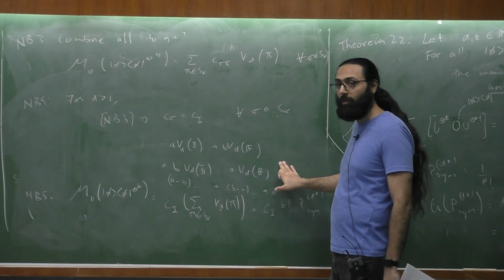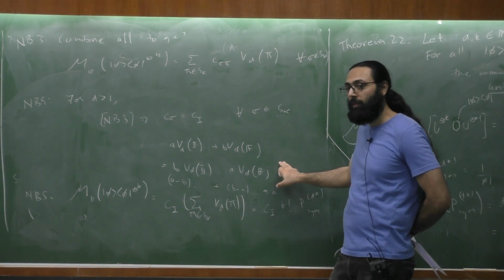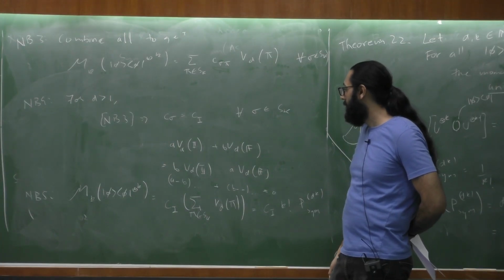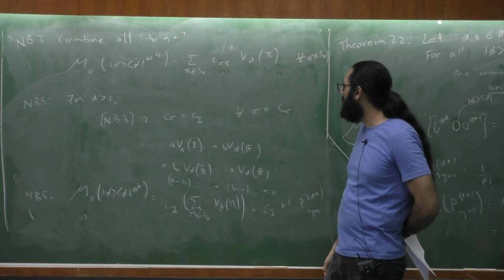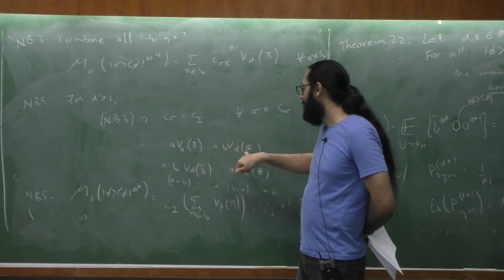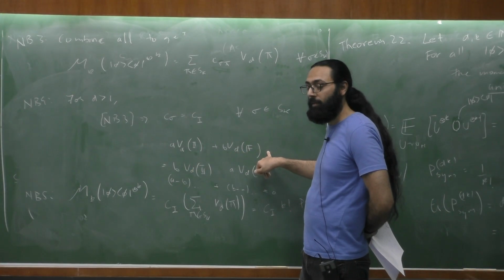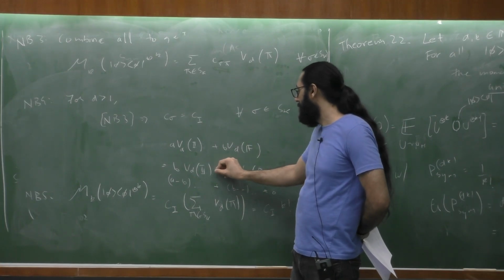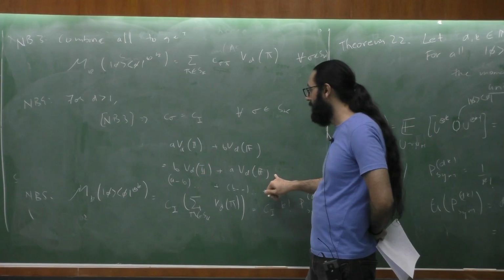Oh, this statement? Yeah. So to say, A times V_D identity plus B times V_D flip is equal to B times V_D identity plus A times V_D flip. We are picking a certain sigma.